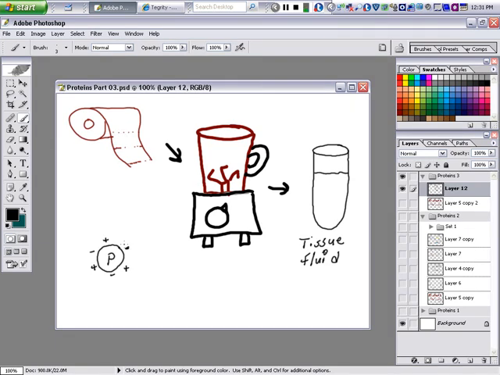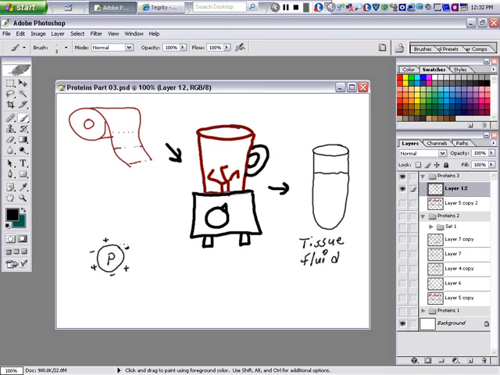Now, what would happen to this? What would the charge of this protein be? I need you to think about it for about 3 seconds before you answer it. We're going to take this protein and put it in a very low pH solution. A solution of very low pH.